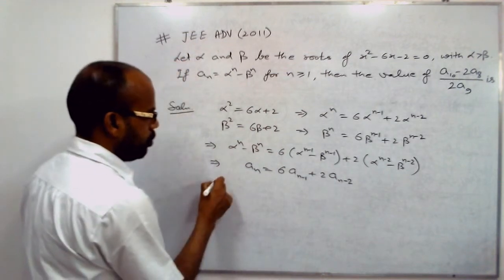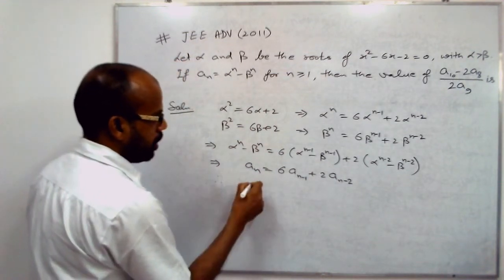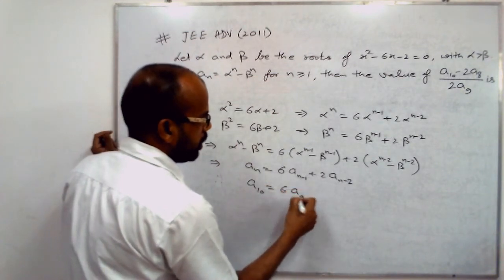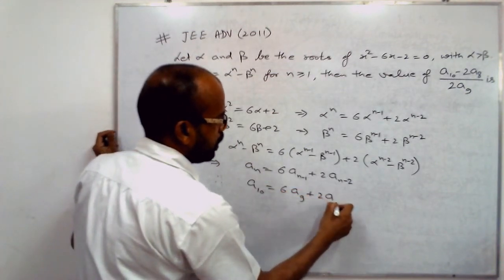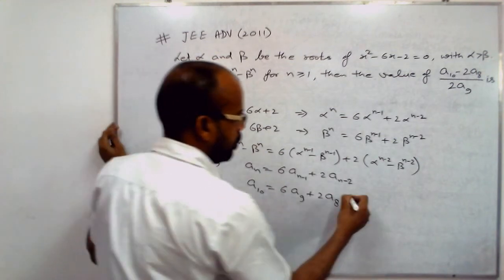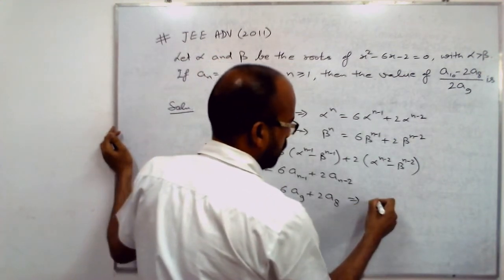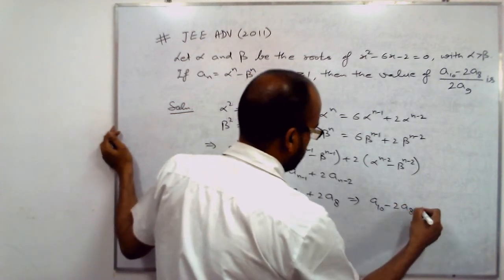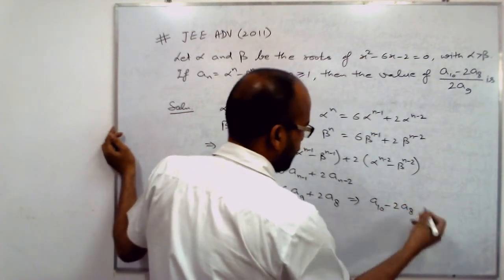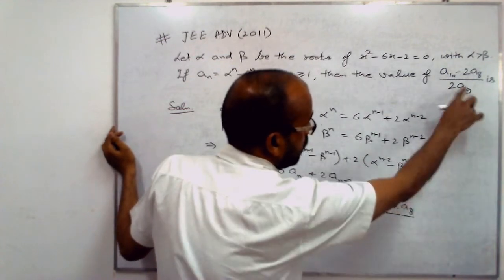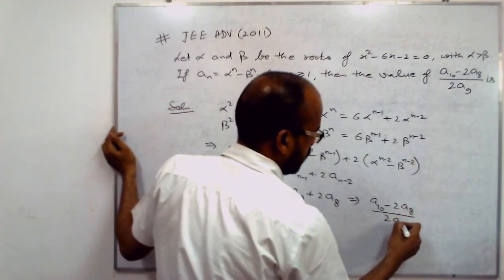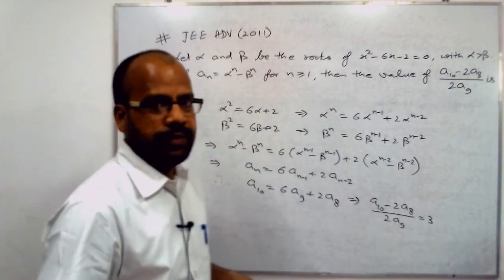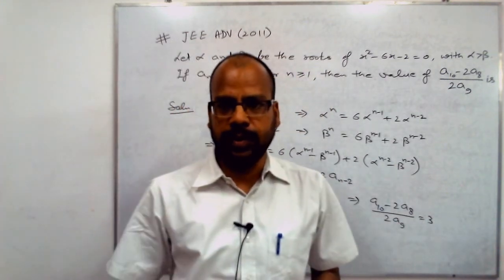So by putting n is equal to 10, I have a10 is equal to 6 into a9 plus 2 into a8, and therefore with a little bit of simplification, a10 minus twice of a8 is equal to 6a9. I'll take twice of a9 down, so I get here 3, and this is the answer. See how beautifully we can solve the problem, and it's a very simple problem. Okay.